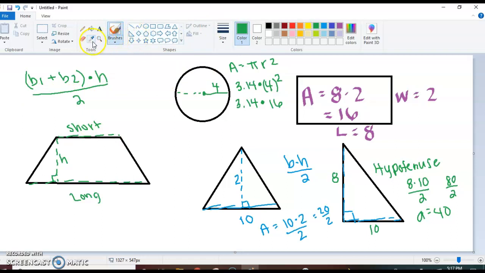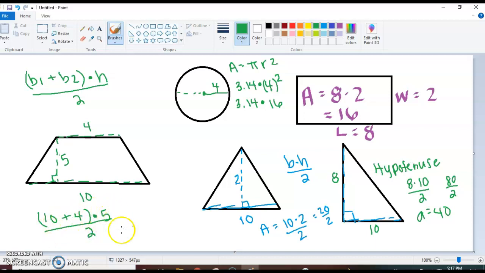So let me put some numbers on here. If I make this side 10, this side 4, let's make the height 5. So to find the area of this, first I would do 10 plus 4 times 5 and then divided by 2.